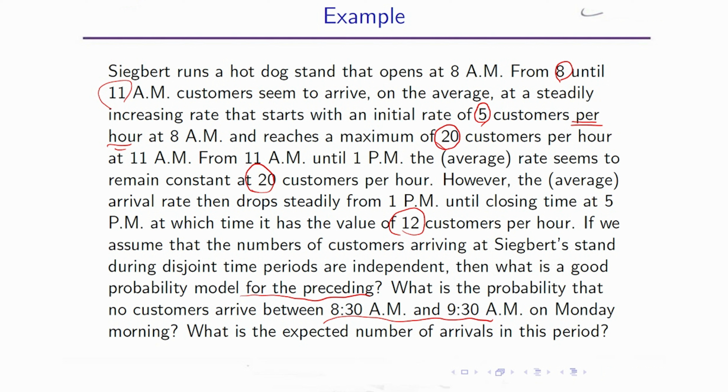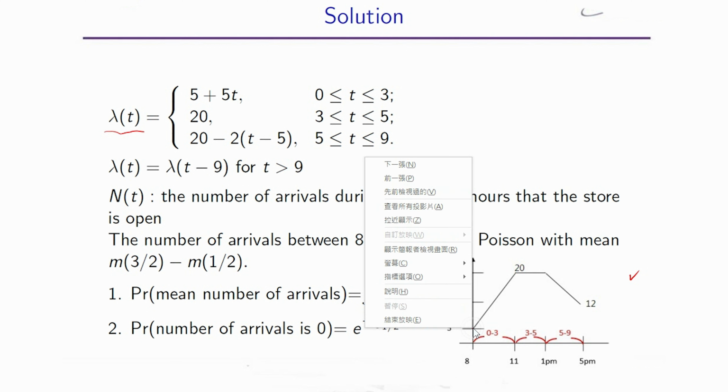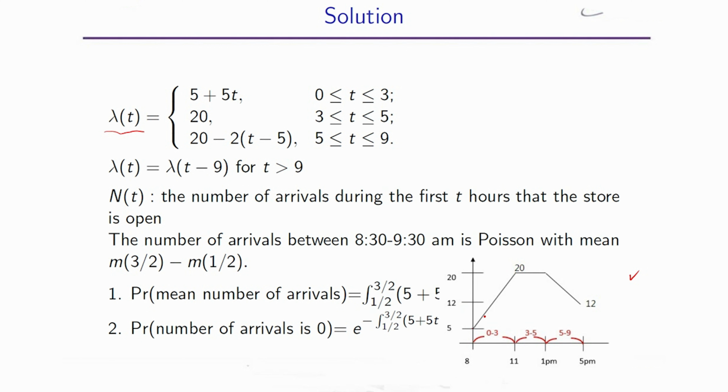So from 8:30 to 9:30, first we can just derive λ(t), right? Based on the description of the problem, we look at this picture. From 8 a.m. to 11 a.m., we start from 5 and steadily increase up to 20, right?